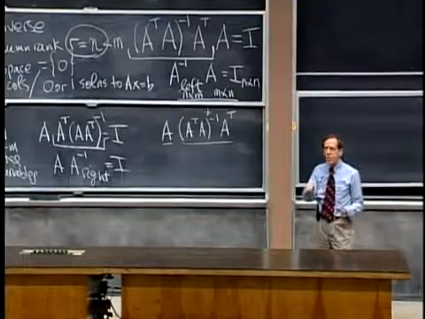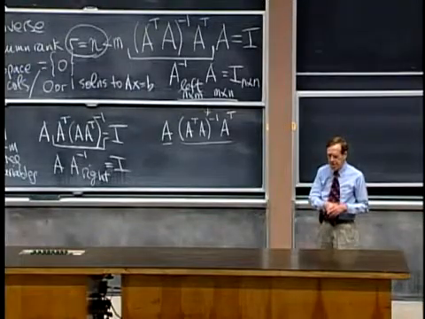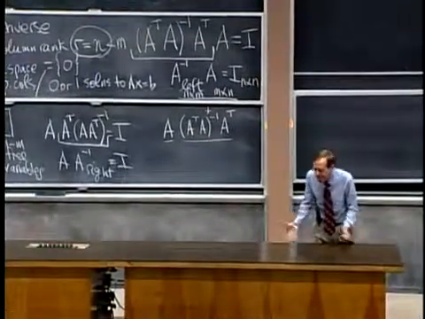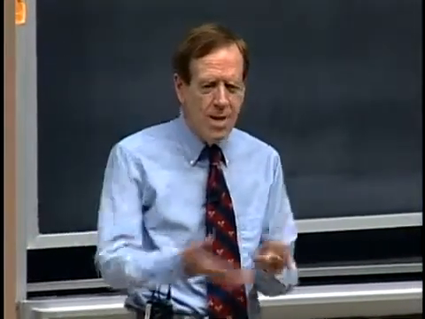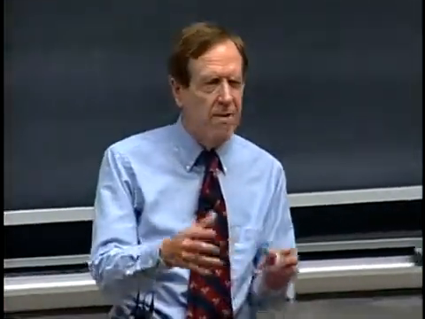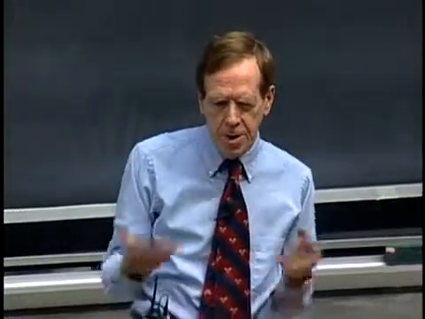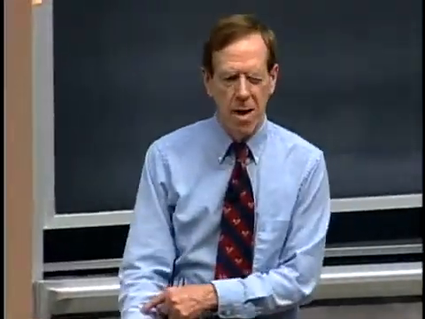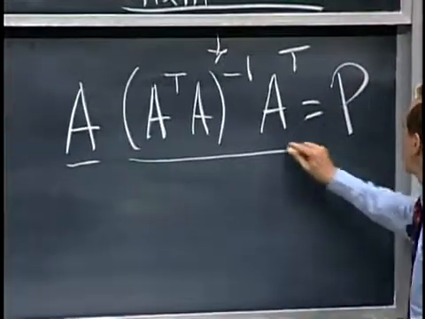It's the projection onto the column space. It's trying to be the identity matrix, but you've given it an impossible job. So it's the identity matrix where it can be, and elsewhere it's the zero matrix. So this is P, the projection onto the column space.